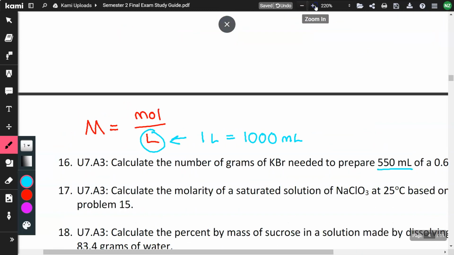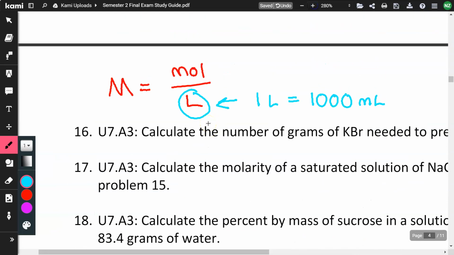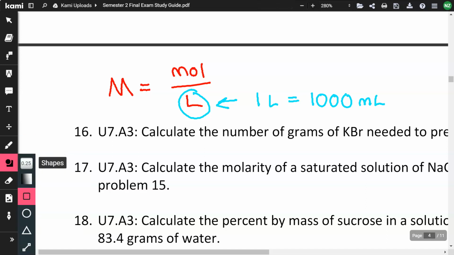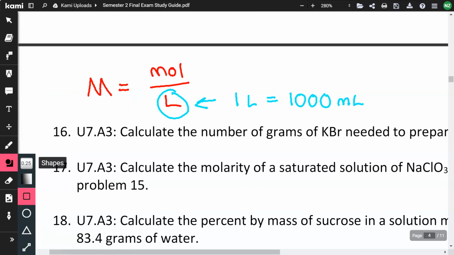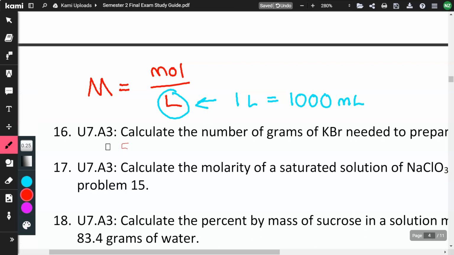So I'm going to zoom in here. Okay, so we have 550 milliliters, so that's equal to 0.55 liters.